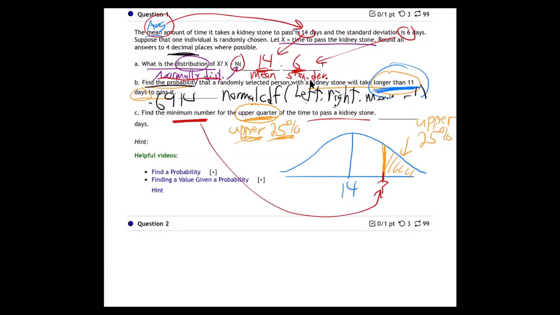From what I've heard, kidney stones are terrible. If it takes you a long time to pass them, that's rough. So how many days would that be? If you're 20 days or more, does that put you in the upper 25%? Or is it 30 days or more? Or maybe it's only 18. Where does the upper 25% begin?